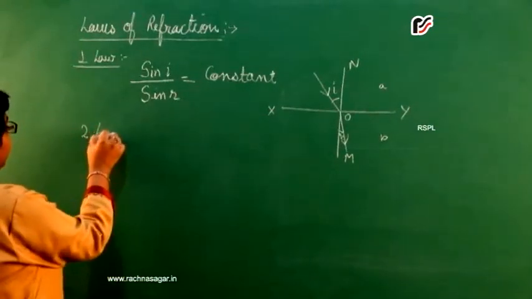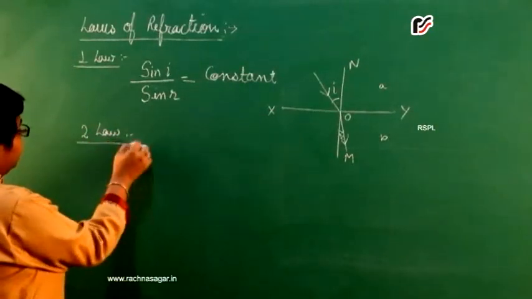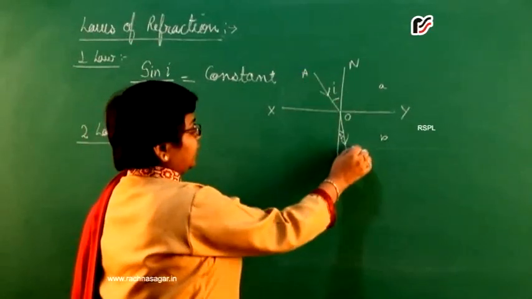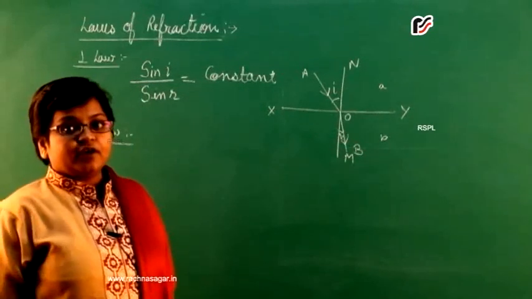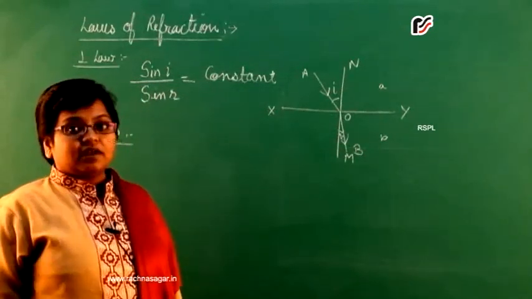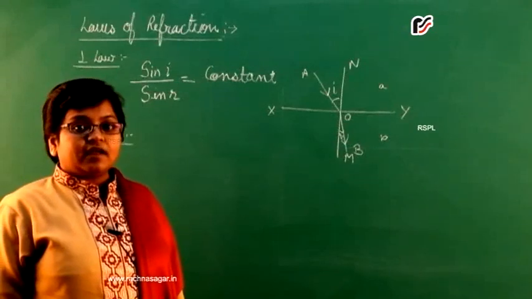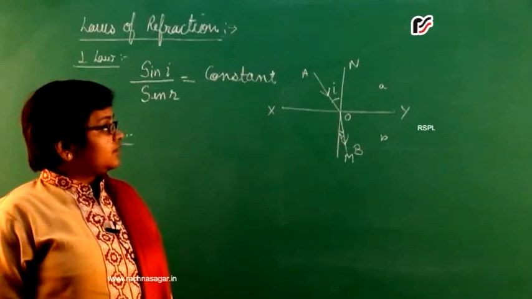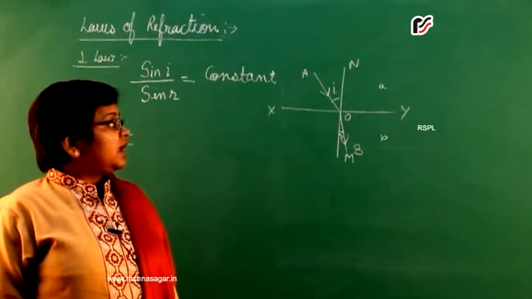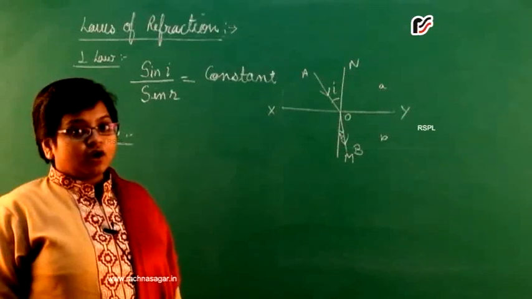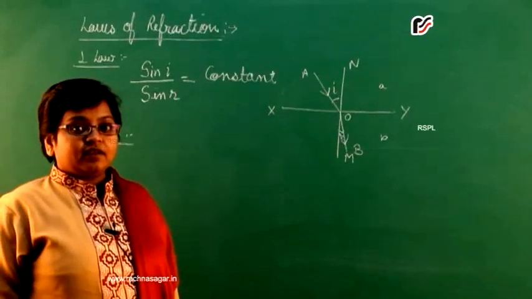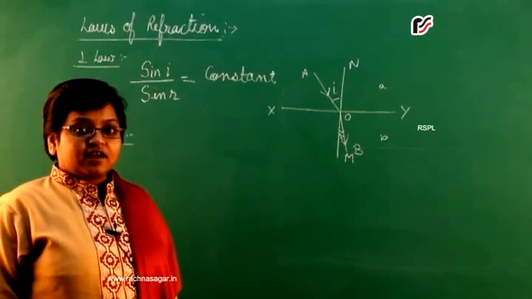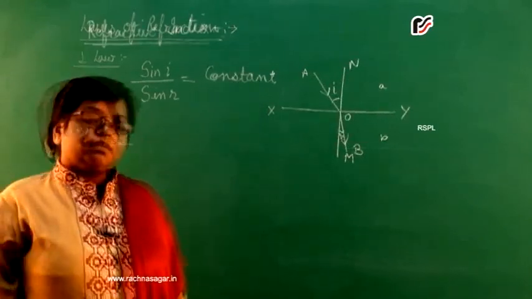Second law: the incident ray AO, the refracted ray OB and the normal NOM all lie in the same plane. Here you observe that all the rays, AO, OB and the normal NOM, lie in the plane of the board, that is, they all lie in the same plane. These are the two laws of refraction.